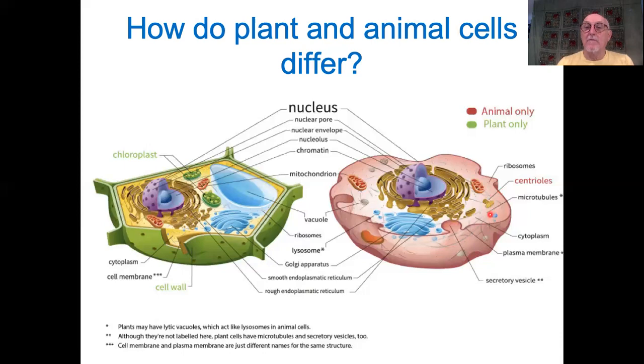I'll just point out a couple of the really important organelles, but we'll talk about their function in a minute. The first thing to realize, of course, in common with the prokaryotes, the cytoplasm is absolutely full of ribosomes.